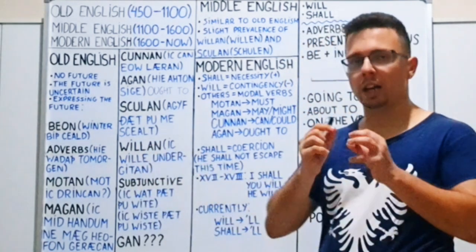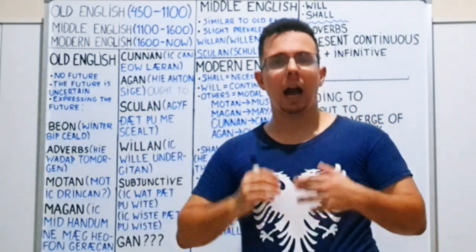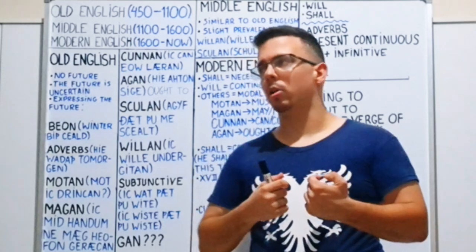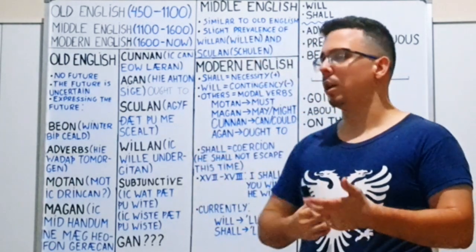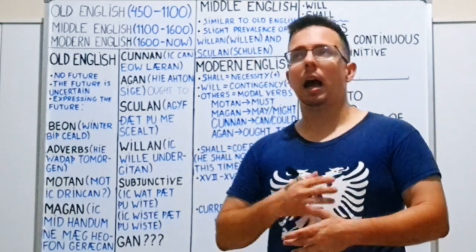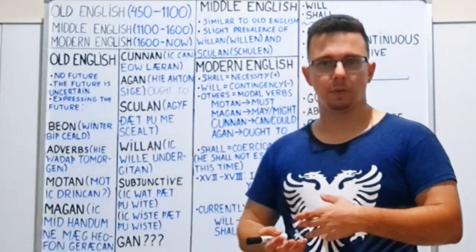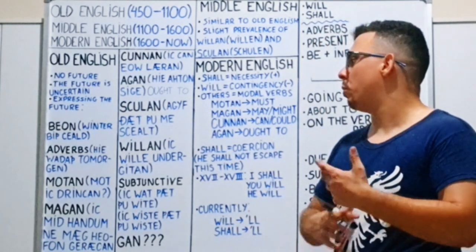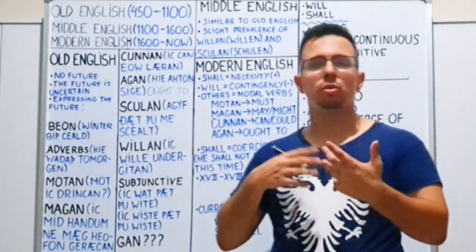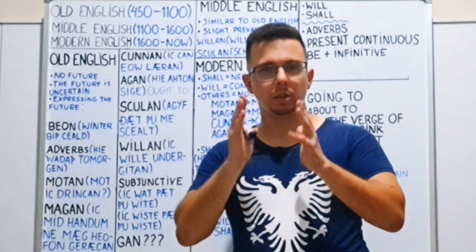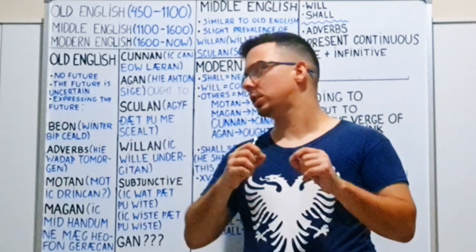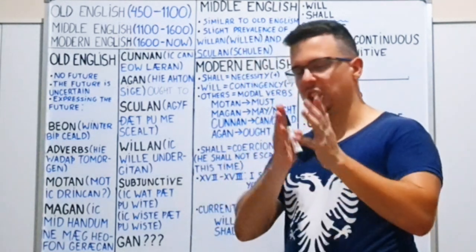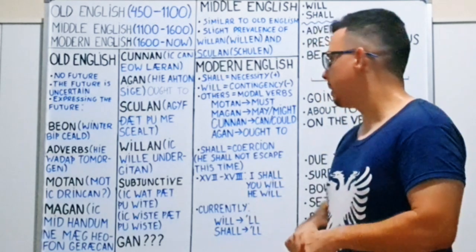Willen here is not direct, I want. No, this verb here is more like I would like. I'm willing to, I would like to do this, I would like to do that. It's not straightforward, it's not so assertive, right?